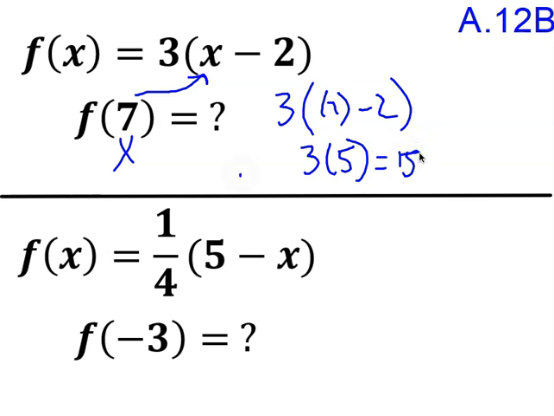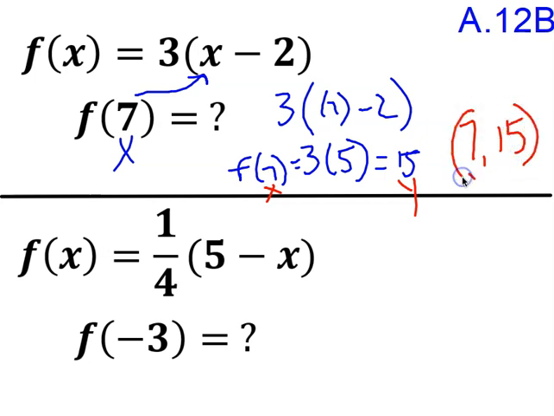So I can say f of 7 equals 15. So for this x value, I get an output value of 15. So 7 gives me 15. You see how that x value gives me an output value or y value of 15.